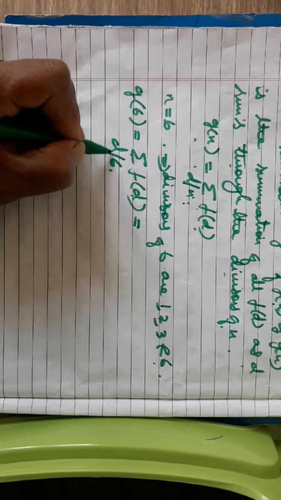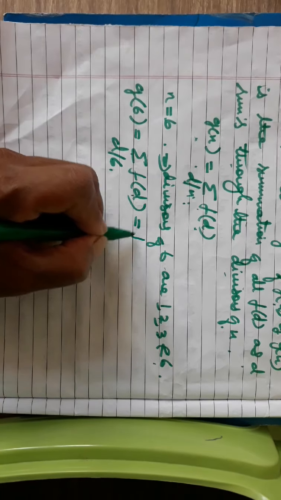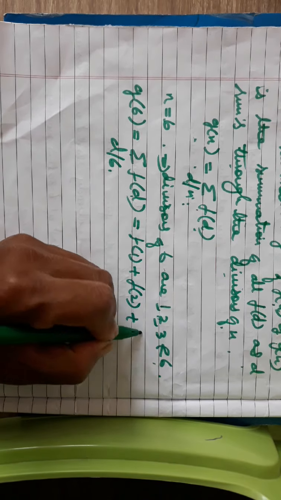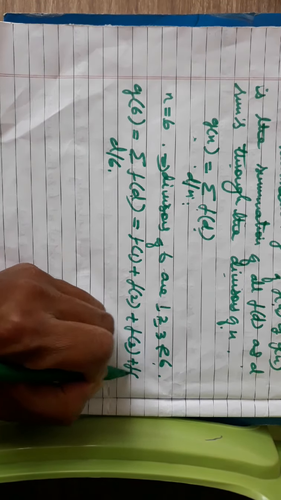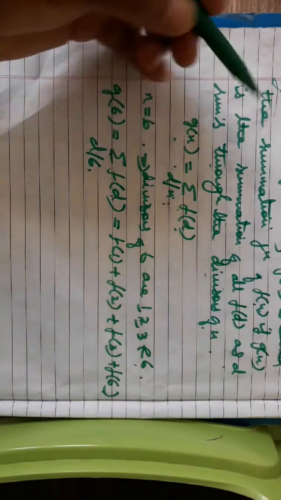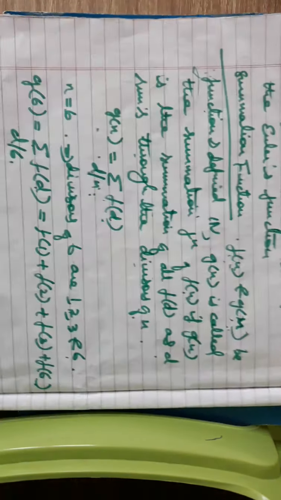So we can write it as f(1) plus f(2) plus f(3) plus f(6). I hope it is clear to you. This is an example of a summation function.